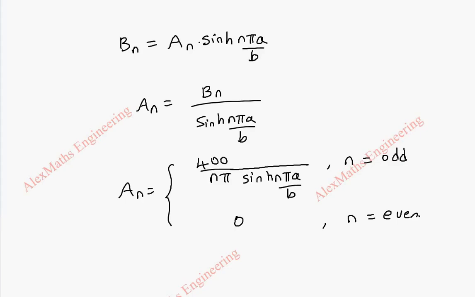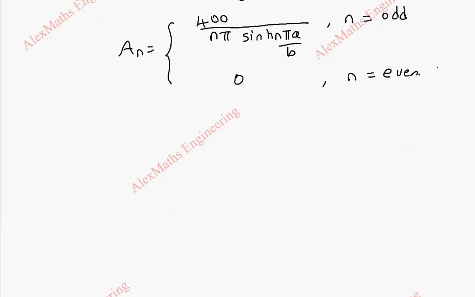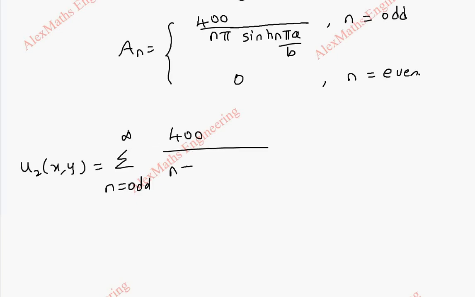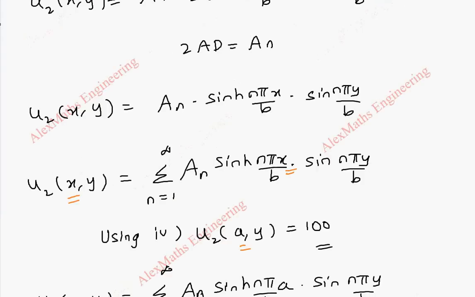So we got an. So this we are going to substitute in our solution u2 of x comma y, that is summation n is from now odd till infinity. An I have to copy, which is 400 by n pi sin h n pi a by b. So here is that solution.